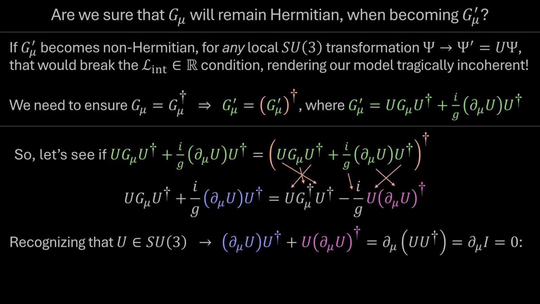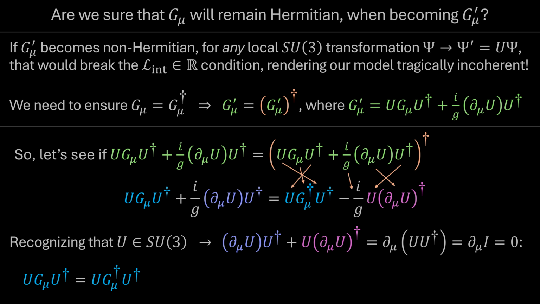So if the sum of that purple term and that pink term is always 0 for an SU(3) matrix U, then it follows that the purple term and the pink term are the same, except for a minus sign. But you see on the right side of the equation, you have a minus sign on the i over g. So that minus sign cancels out with the other minus sign. And at the end of the day, we can delete both the purple and the pink terms from the equation.